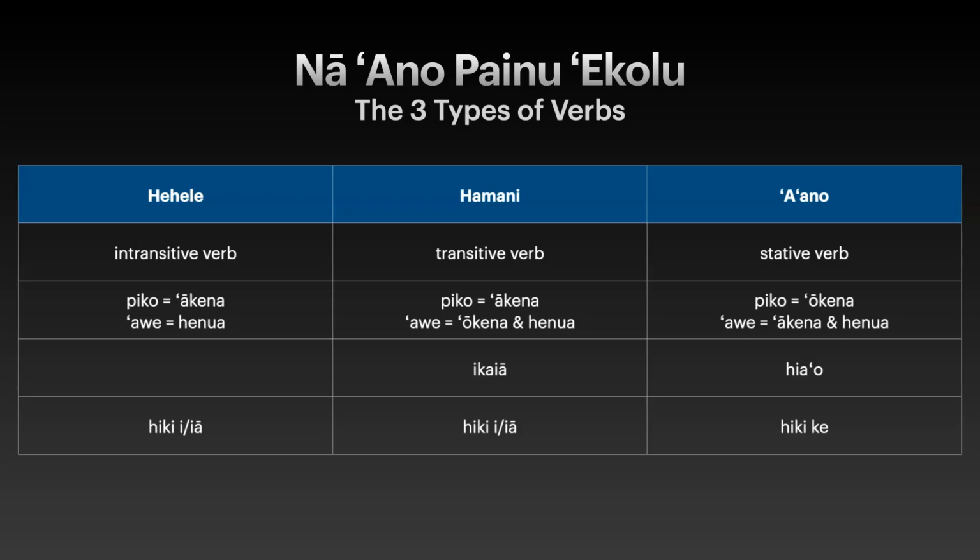And then the ʻAwe, if we have them, the first one is usually the ʻAkena, or who is causing that description, and anything after that is going to be a location type phrase or a henua. When we create our regular pepeke painu using an ʻaʻano, we call it the hiaʻo. So we have to keep that in mind when we want to use hiki. We have to use the hiaʻo version of hiki, which is hiki ke.